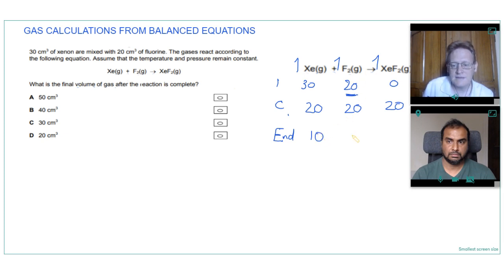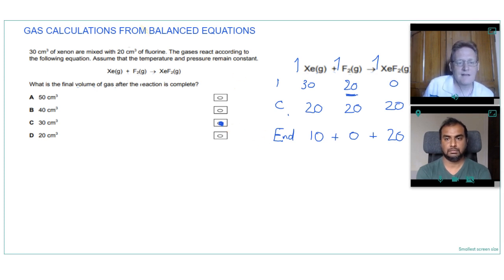All the fluorine reacted, so we're left with nothing. And we formed 20 centimeters cubed of xenon fluoride. So our total gas at the end is 30 centimeters cubed. And we see that that is option C.